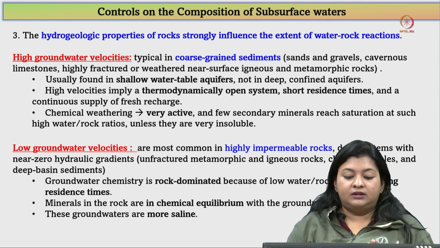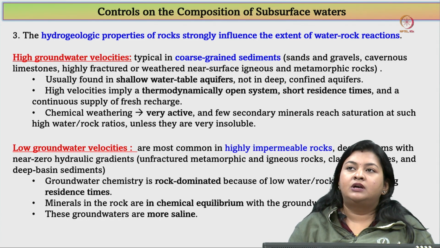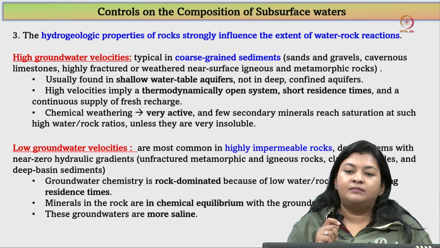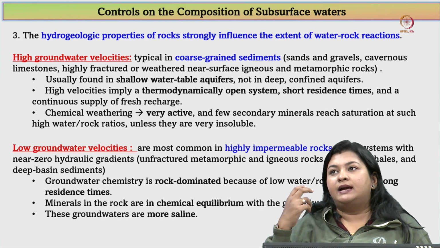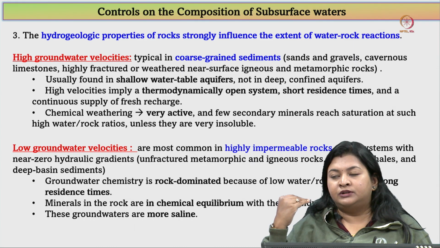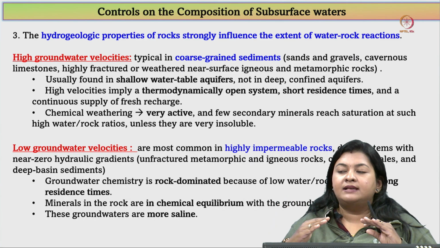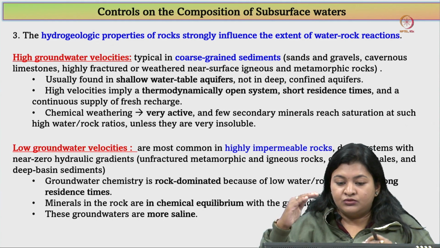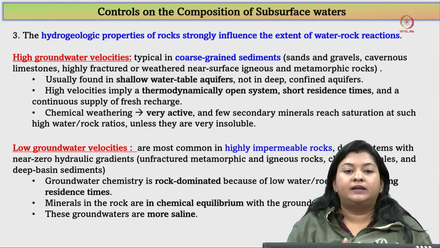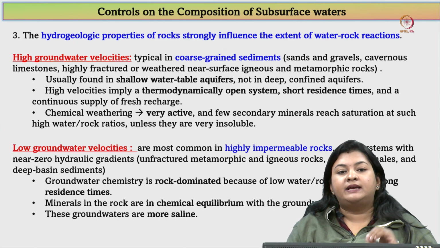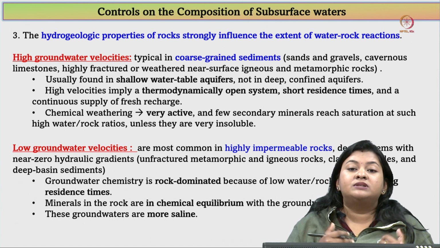If the soil is very coarse grained, if the rock is made up of a coarse grained structure, and if it has a lot of fractures, so it has points that allow the water to infiltrate and interact very quickly, then we call those types of aquifer rocks that allow high velocity.